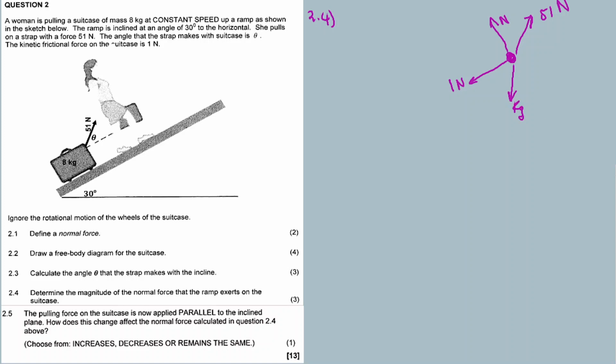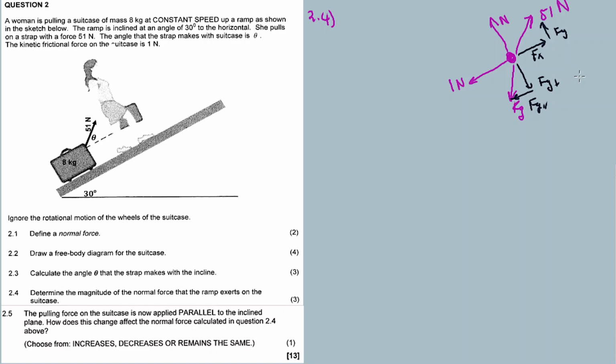Right, we do have our components. This is the component Fx, then Fy, then FG perpendicular and FG parallel.